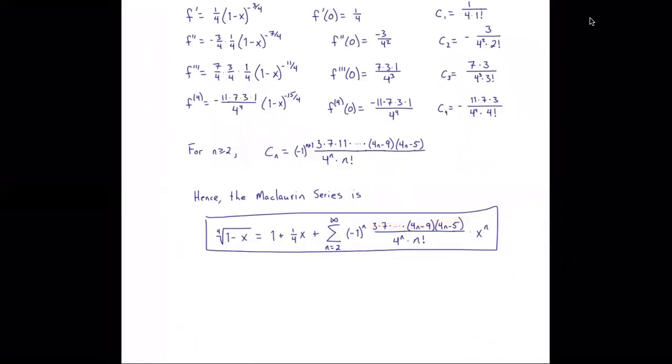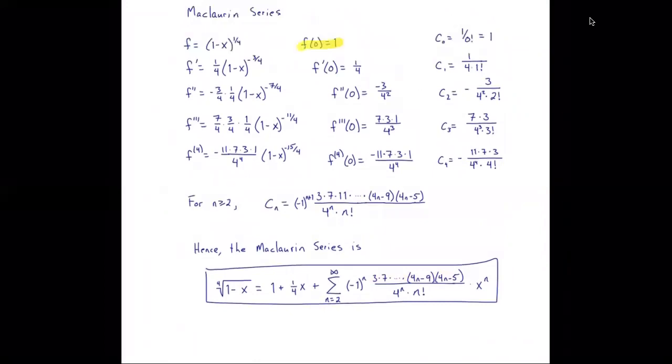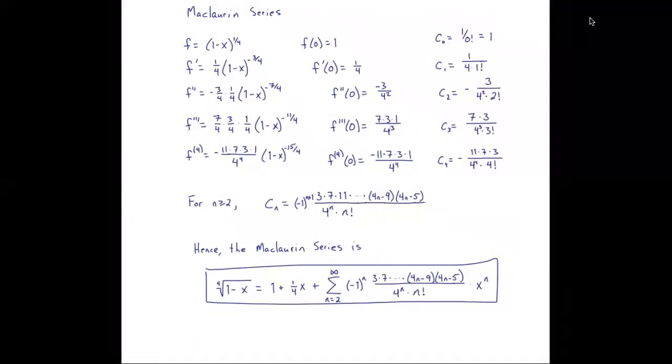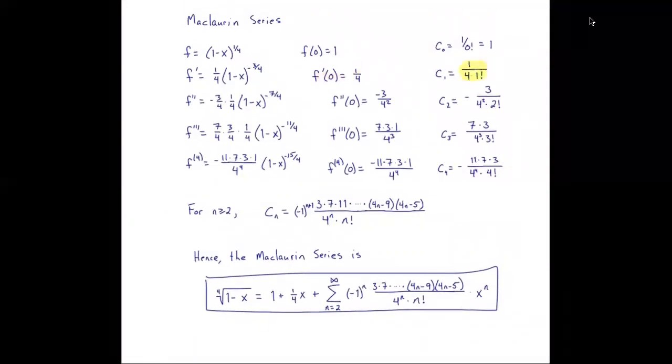So since that's our general term, and we know that these two are oddballs, well, we know that C naught is 1 times x to the 0th power. So this is just a 1 times 1. C1 is actually just 1/4, times x to the 1st power.